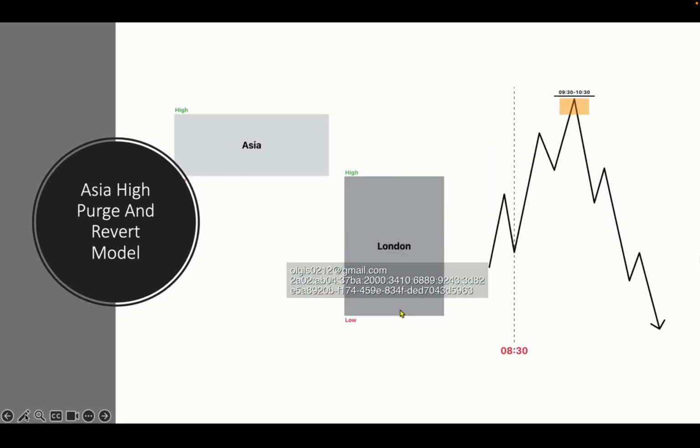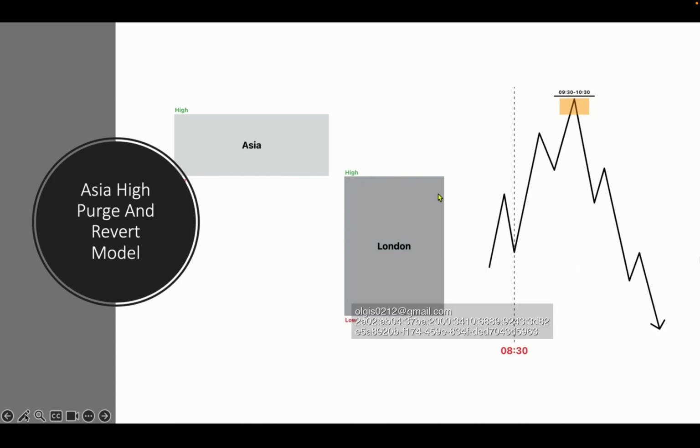The next model that we will be looking at is the Asia high purge and revert model. This model occurs when Asia was a consolidation, London was an expansion away from that original consolidation, and we see that around 8:30 a run higher begins towards that Asia high. This run higher is the buy side of the curve within a market maker sell model.